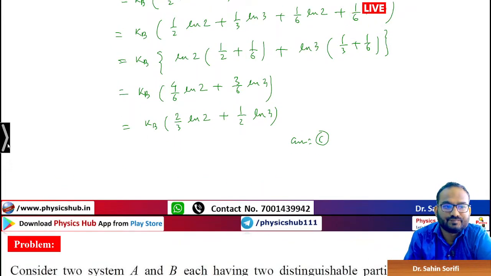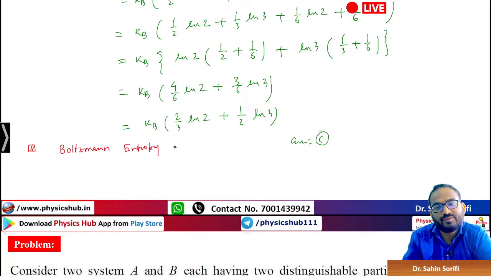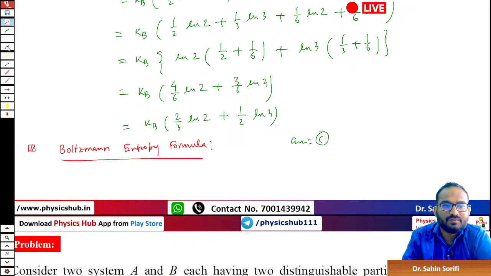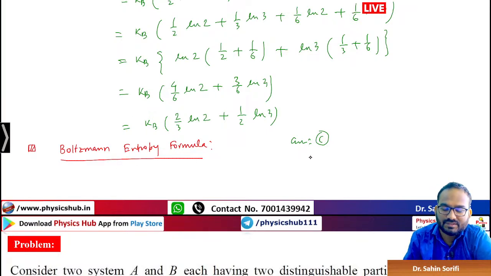Okay. So let's talk about another very important formula, that is called the Boltzmann entropy formula. This is actually the statistical entropy formula. If you know the number of microstates, we can calculate the entropy using this formula.